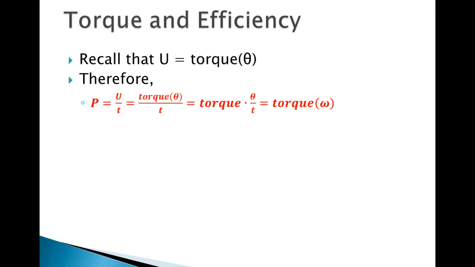So you can calculate the power of any rotating system as long as you know the torque and know the angular velocity. And also know that we can convert from horsepower into kilowatts by knowing that 1 horsepower is 0.746 kilowatts.